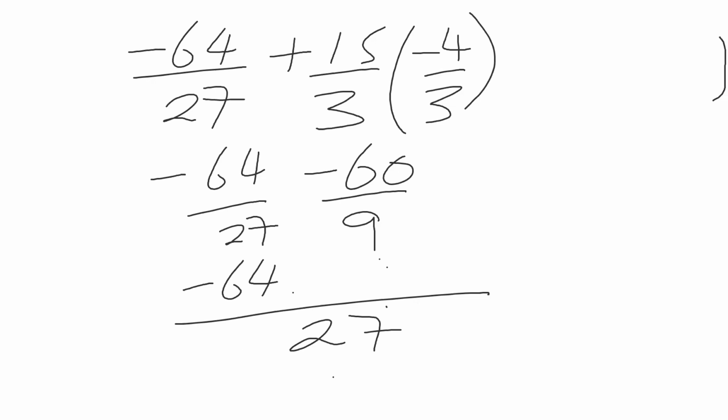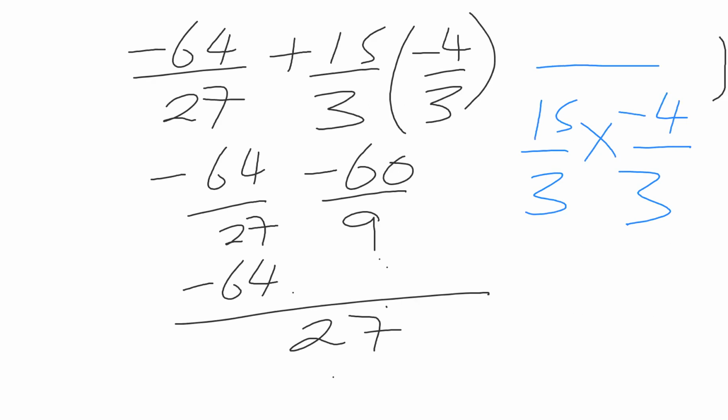It's as good as 15 over 3 times negative 4 over 3. Under multiplication, numerator is multiplied with numerator and denominator with denominator. 15 times negative 4 is negative 60, 3 times 3 is 9. Did you get that?